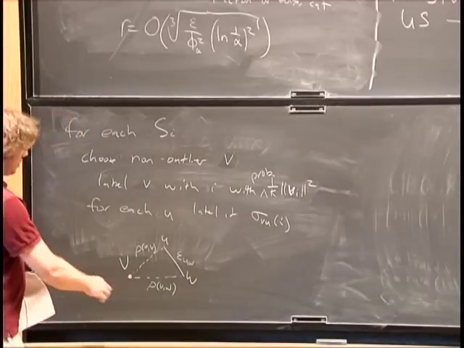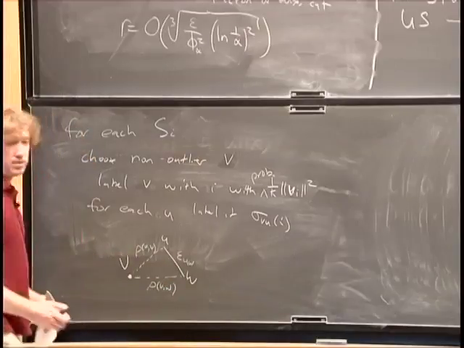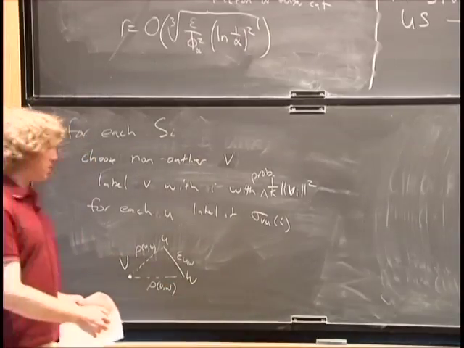Now, what's the probability that the edge here is not satisfied by this labeling?